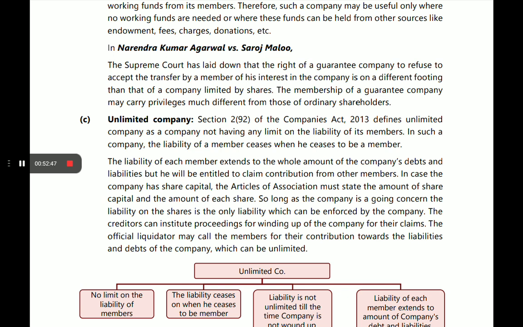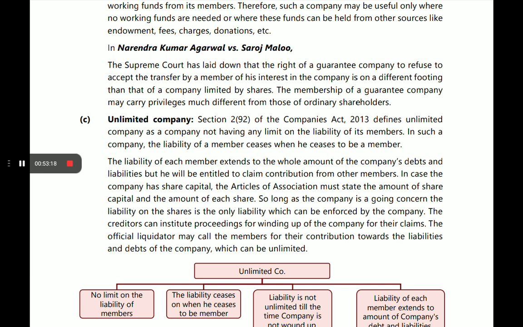In such a company, even after a member ceases to be a member, the liability of each member extends to the whole amount of the company's debts and liabilities, but he will be entitled to claim contribution from other members.